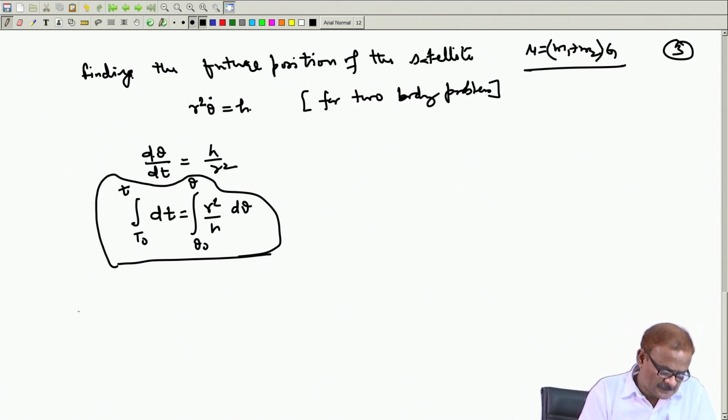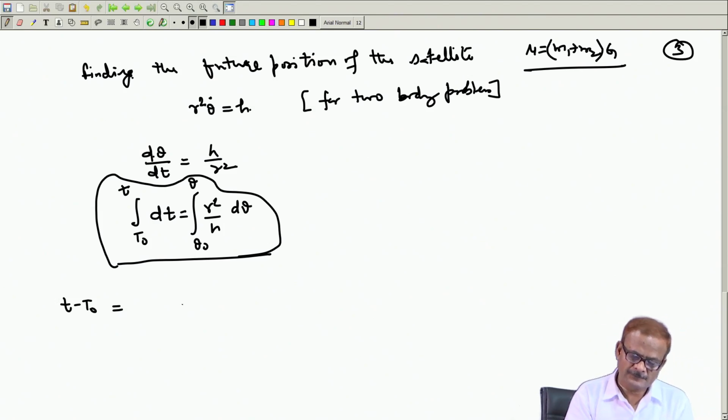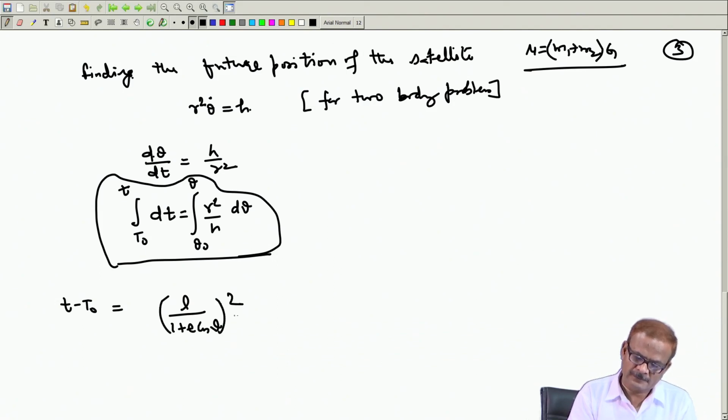So, in this case the left hand side we can write as t minus t 0, and the right hand side, as we know, r equal to L by 1 plus e cos theta, the whole square.